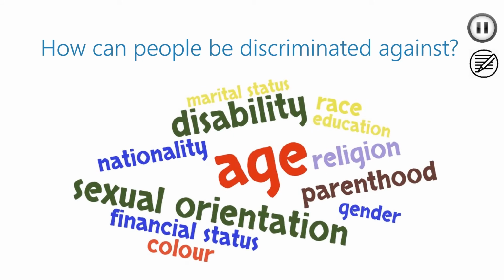And here are some categories: marital status, disability, their race, education, nationality, age, religion, parenthood, gender, sexual orientation, financial status, or color.